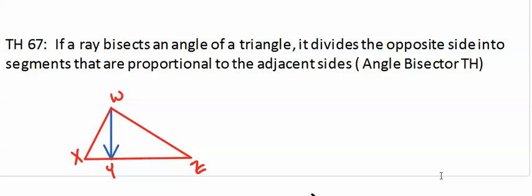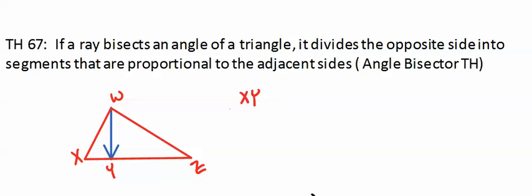The last theorem of the section is Theorem 67. If a ray bisects an angle of a triangle, it divides the opposite side into segments that are proportional to the adjacent sides. And again, we can abbreviate this theorem by angle bisector theorem. Now, what this theorem says is that if I have XY over YZ, so the segments that it's bisecting, will be proportional to the adjacent segments.